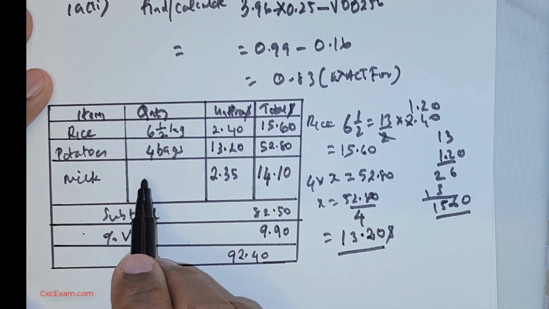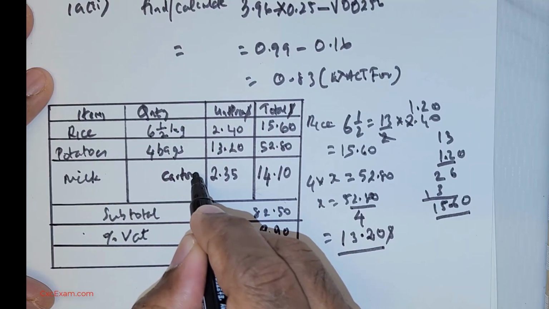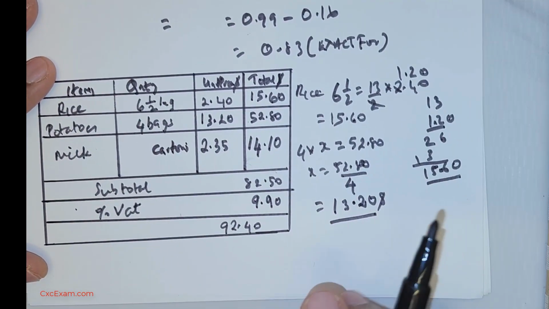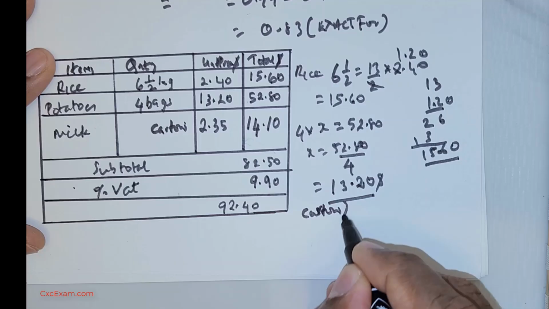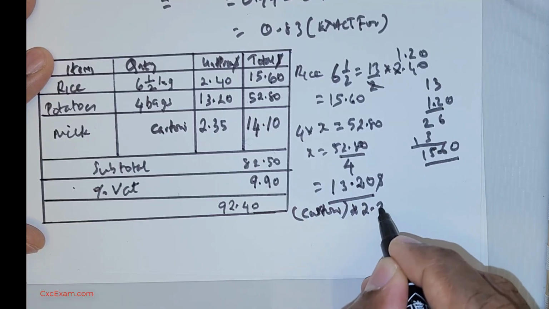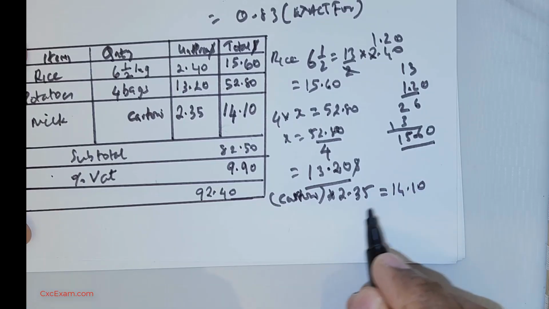Now milk, we do not know how many cartons, so we will have to give it in cartons. How many cartons we do not know. So the cartons multiplied by 2.35 will give me 14.10.